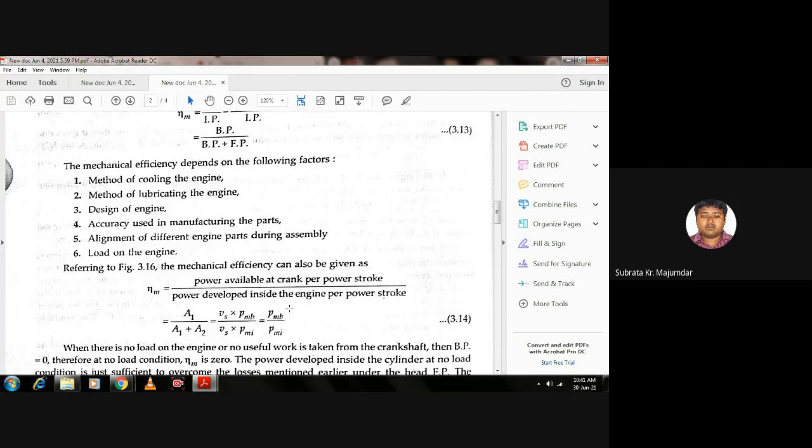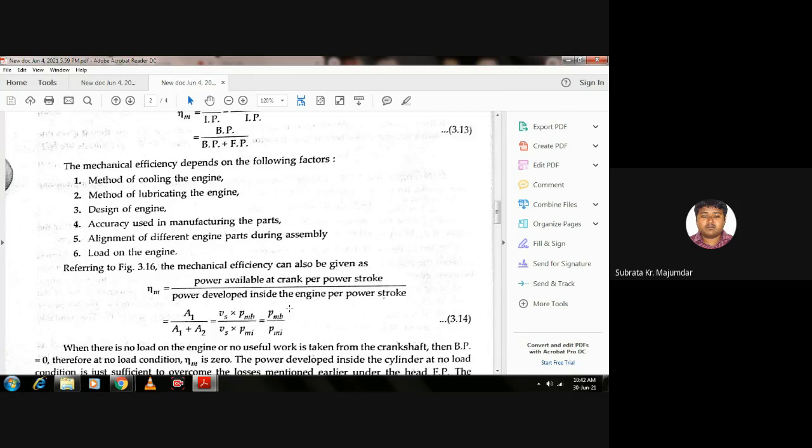If we manufacture the parts accurately, obviously it increases the mechanical efficiency of the engine. Fifth, alignment of the different engine parts during assembly. Whenever we assemble the engine, if we maintain proper alignment, it increases the mechanical efficiency.